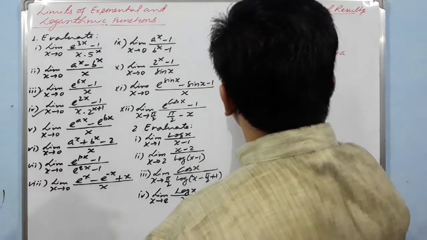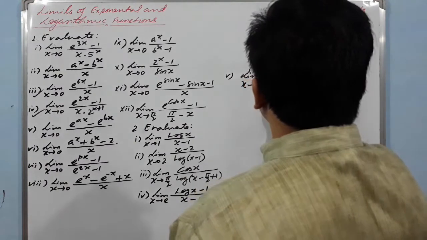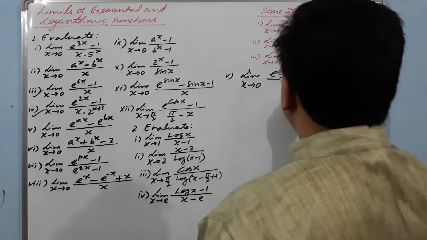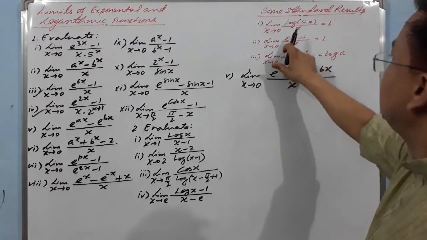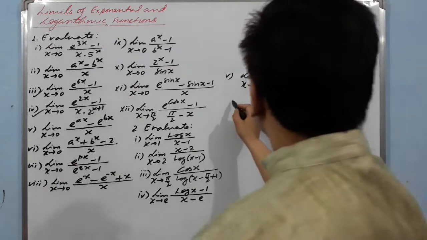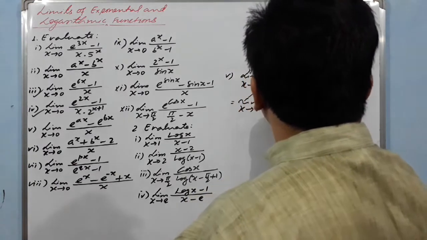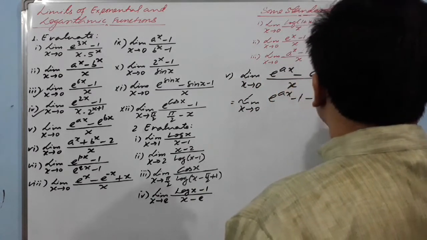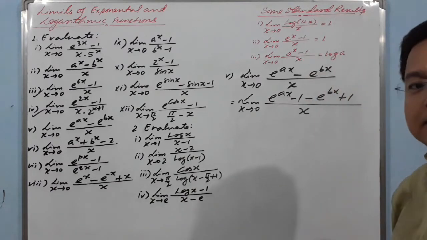Question number 5: limit as x tends to 0, e raised to power ax minus e raised to power bx, over x. We'll try to get this standard result. It is equal to limit x tends to 0, e raised to power ax minus 1, minus e raised to power bx plus 1. Minus 1 and plus 1 will cancel each other.